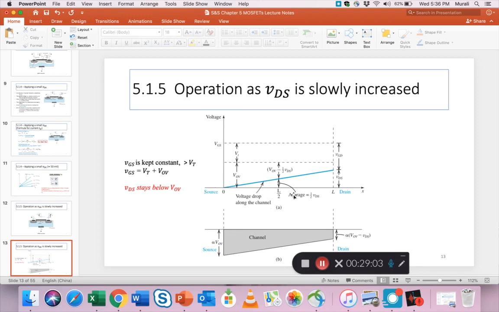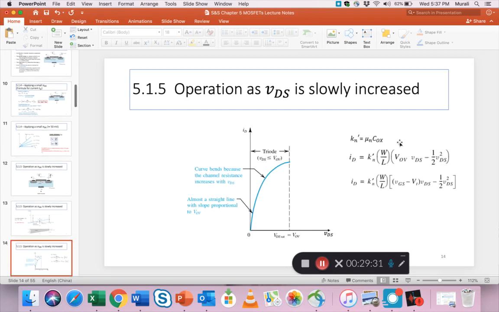Okay, so this average is just half of this value, right? Half of this height gives you the average value. So we define an average here, okay? And this is the VDS and this is the VGD. I don't want you to get confused with VGD, so let's hold off on that. But this is what happens as you start to increase VDS, as long as you keep it below VOV, okay?